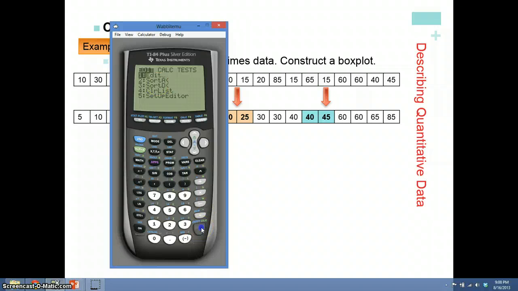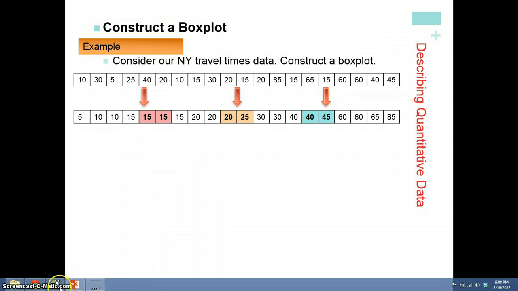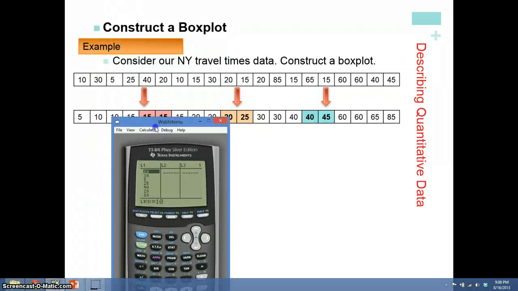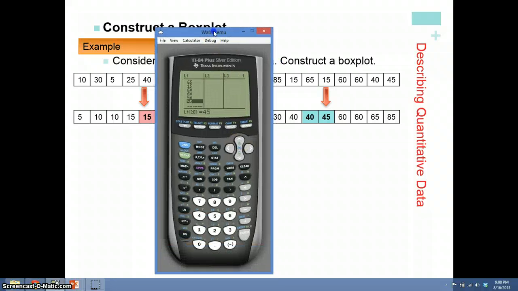You're going to edit your list. I have already entered in all these numbers from up here. So you have 10, 30, 5, 25, all the way to our 20th observation. So we have 20 observations, and I have this in the list.